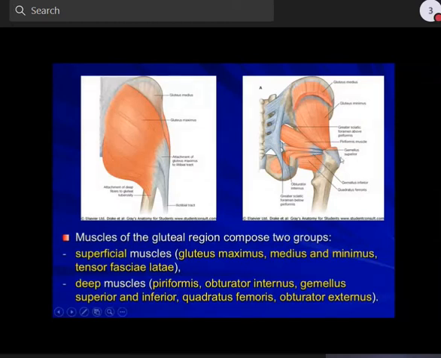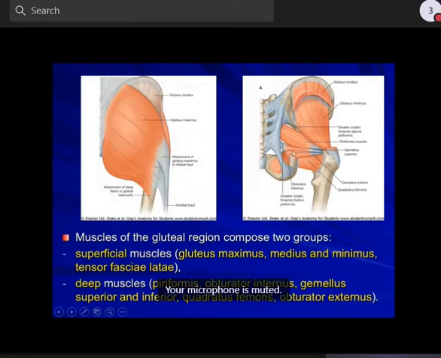The obturator internus starts on the interior of the obturator membrane on the lateral pelvic wall. Afterwards, it exits the pelvic cavity through the lesser sciatic foramen and flexes laterally at a right angle here.